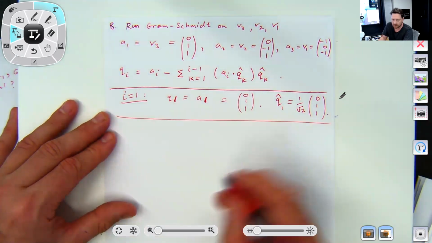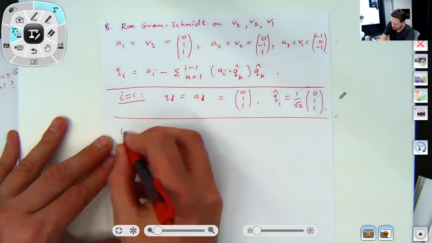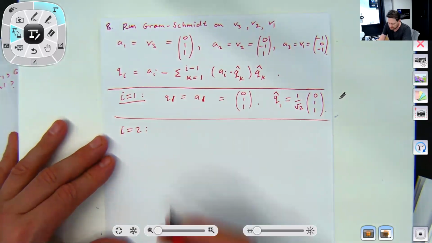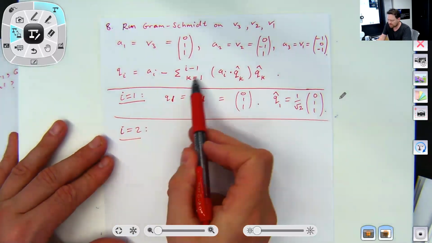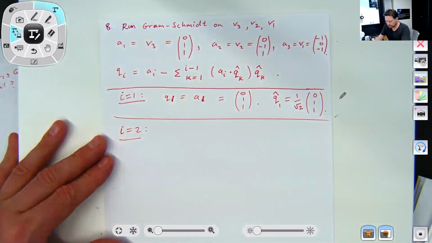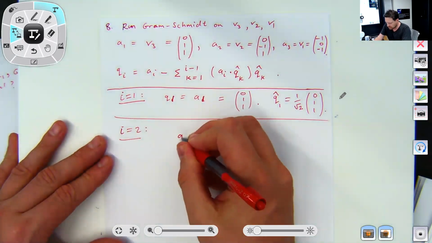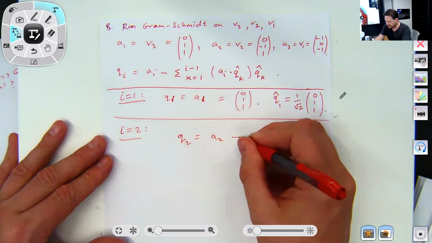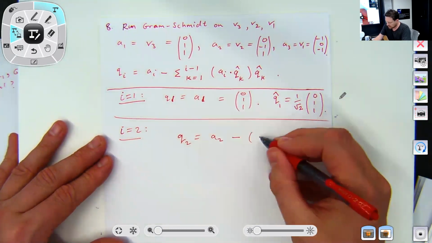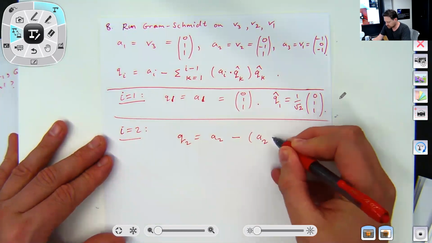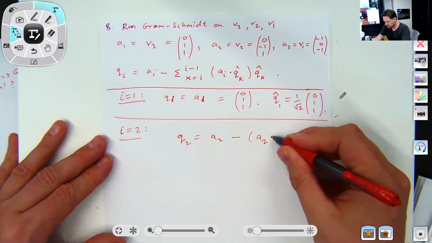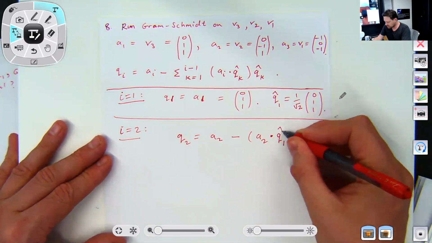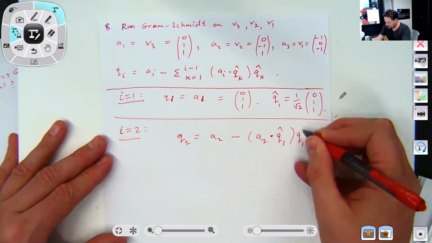And now let's have a look at i equal to 2. So when i is 2, now we have one thing in our sum there. And so we can write that Q2 is equal to A2 minus A2 dot product with Q1 hat, and then Q1 hat there.